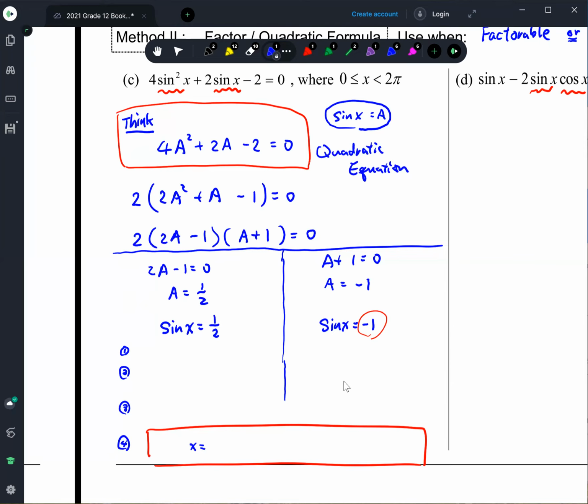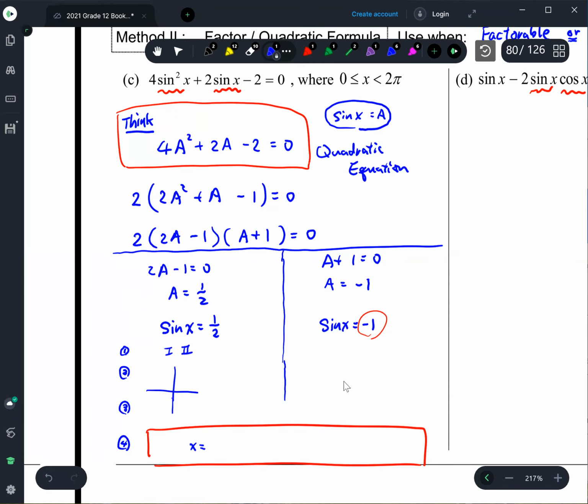Okay, Angela, can you tell us the quadrant? Which quadrant is sine x equal half? Quadrant 1 and 2. Yep, 1 and 2. Okay, so let me draw it out. Quadrant 1, quadrant 2.